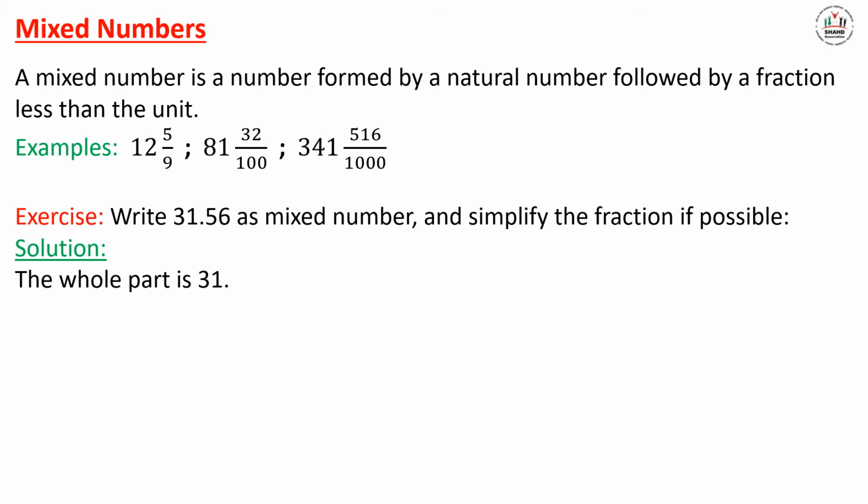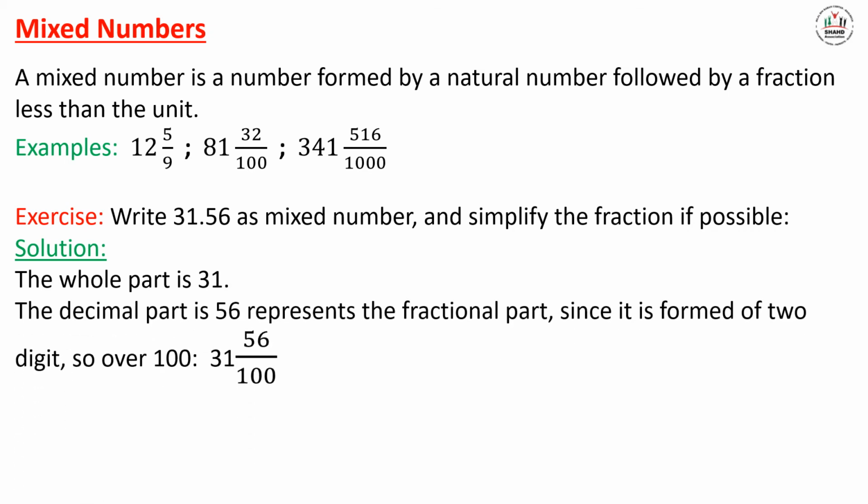So we write 31 as the natural number. Then the decimal part is 56, which represents the fractional part since it's formed of 2 digits, so we write it over 100. So the mixed number becomes 31 followed by fraction 56 over 100.